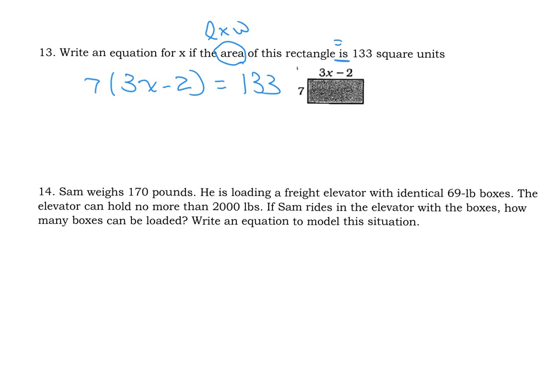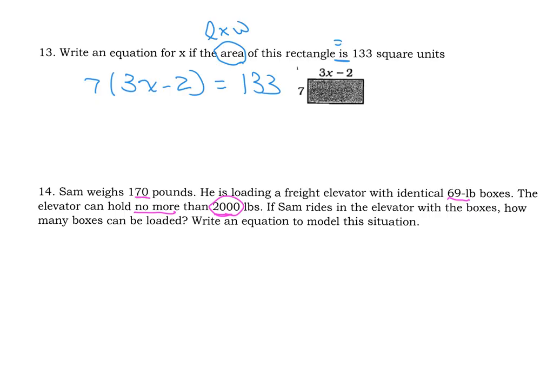Okay, the next one, Sam weighs 170 pounds. Okay, so I know that number means something. He is loading a freight elevator with identical 69-pound boxes. The elevator can hold no more than 2,000 pounds. If Sam rides in the elevator with the boxes, how many boxes can be loaded?